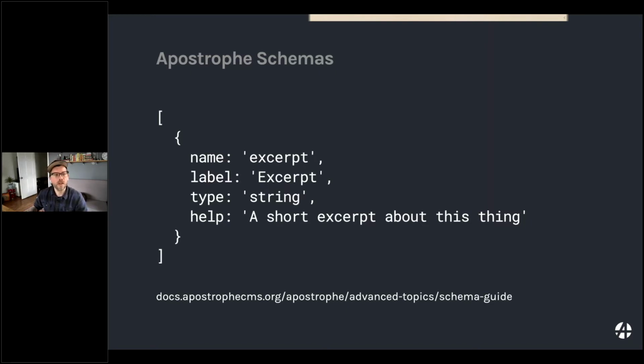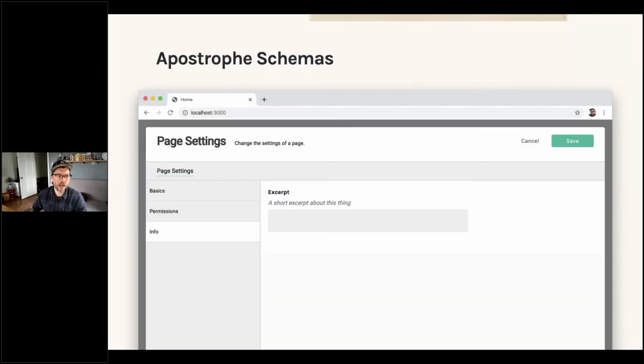So if I have a basic example like this, I'm just creating a name for my field. I'm adding a label, I'm telling it what type it is, and I'm adding some general help text for the editor so that they know how this field is going to be applied. With this base configuration, what I should get in the admin is something very similar to this.